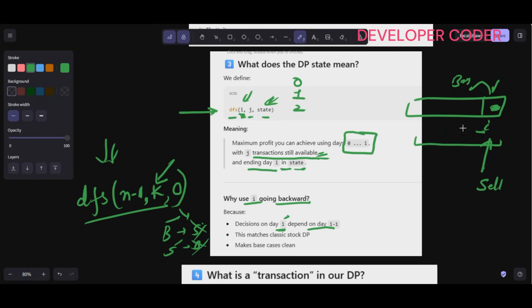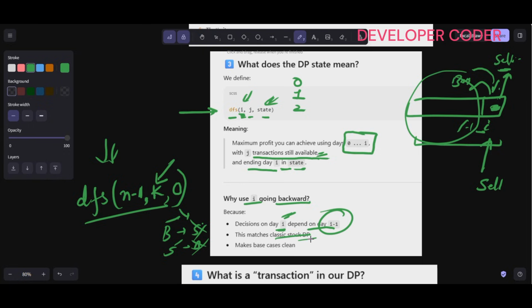So it is dependent on this. But I need to make sure for selling that there is no other transaction still going on in the back. So that is why the decision on day I depends on day I minus 1.